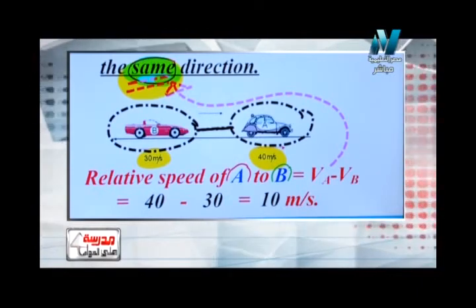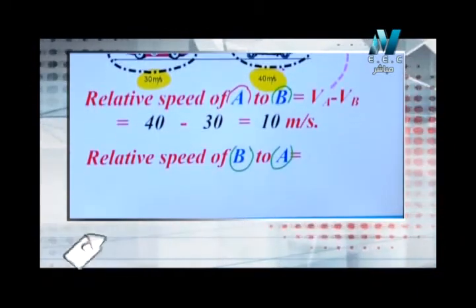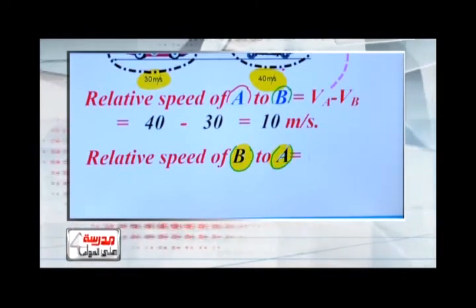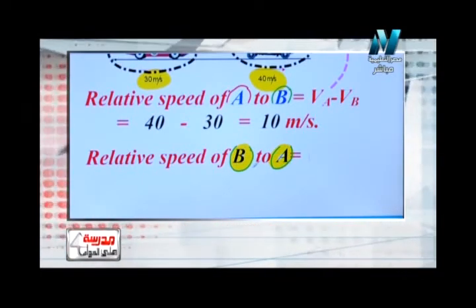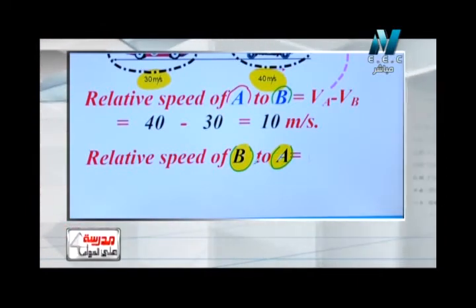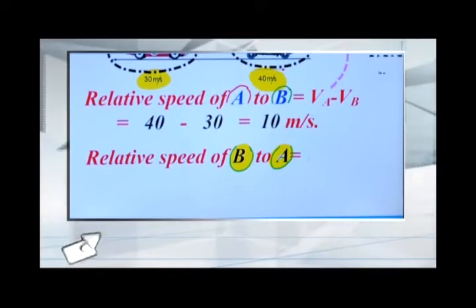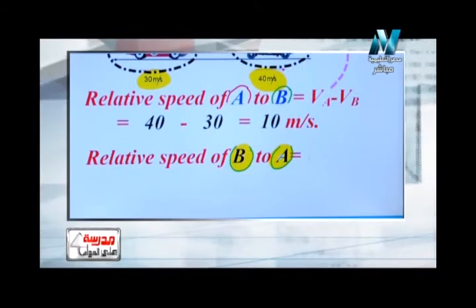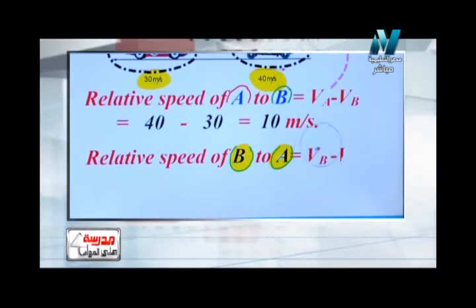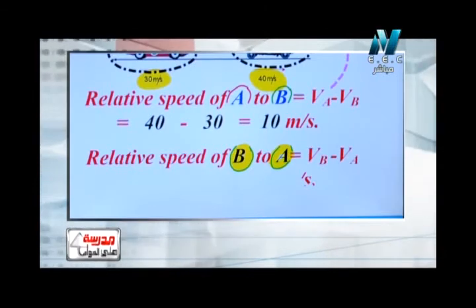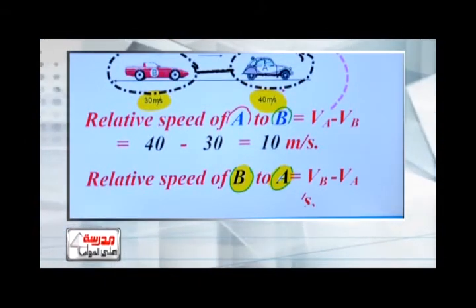طب واحد يقول لي طيب انا عايز to calculate the relative speed of car B relative to car A. هو بيسألني على مين؟ Yes, car B. So what will I put first as a physical quantity? هحط مين الأول؟ أقول له تعالى معايا. يبقى أنا هنا I will put VB minus VA. واحد يقول لي VB equals how many? 30 meters per second.